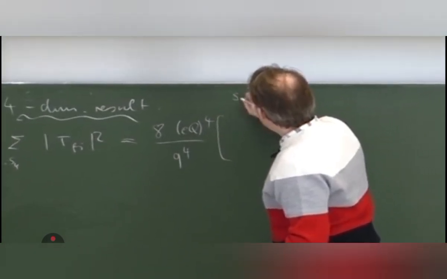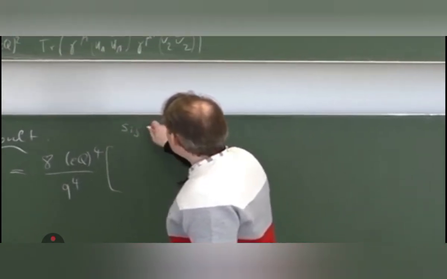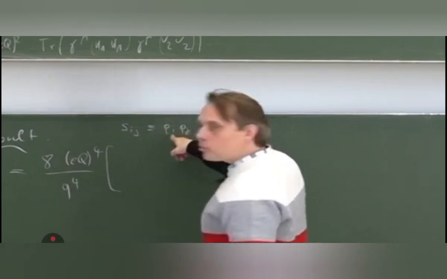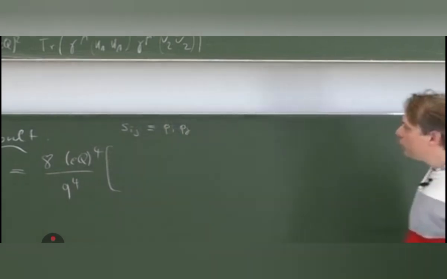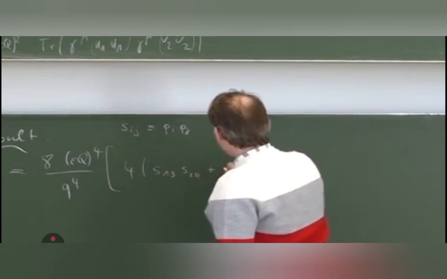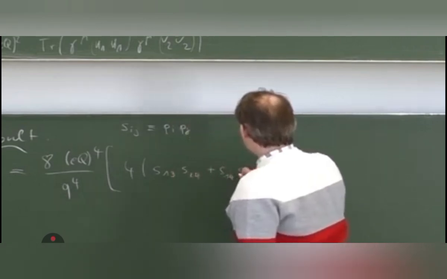First of all, I use the abbreviation Sij is the scalar product of two momenta Pi dot Pj to simplify the notation, and then we get 4 times S13 S24 plus S14 S23.